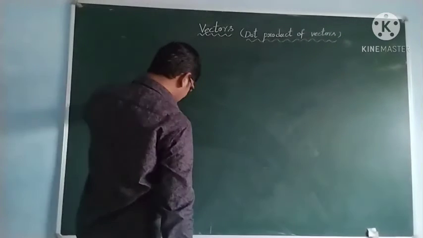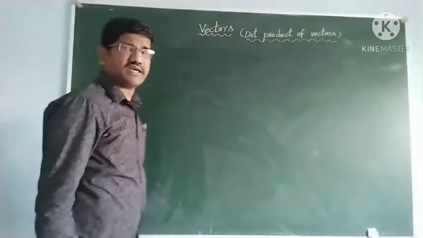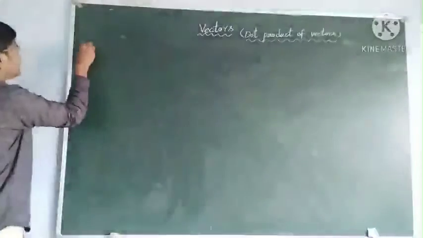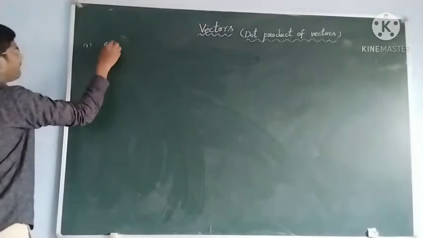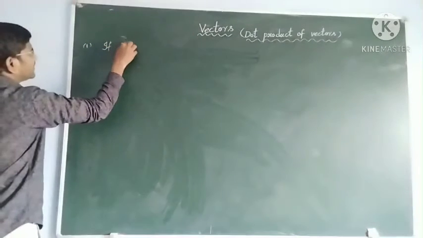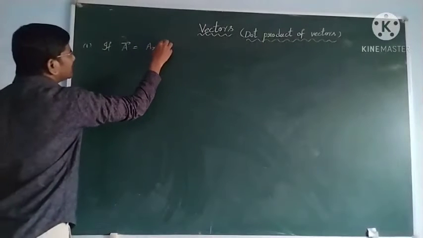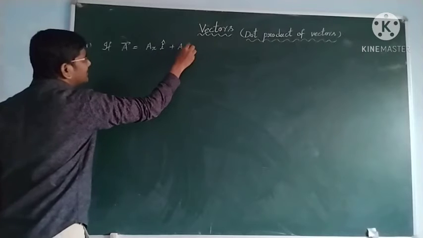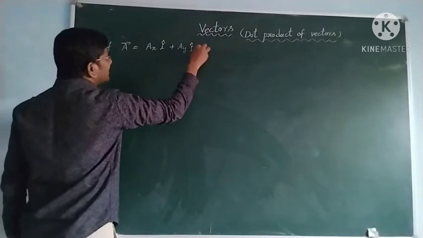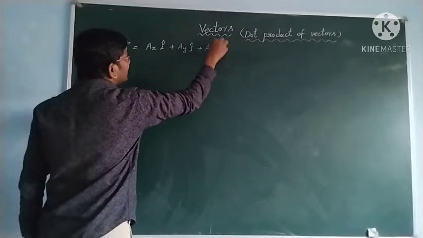Okay, students. So now let us take A bar is a vector, and its components are Ax into I cap plus Ay into J cap plus Az into K cap.